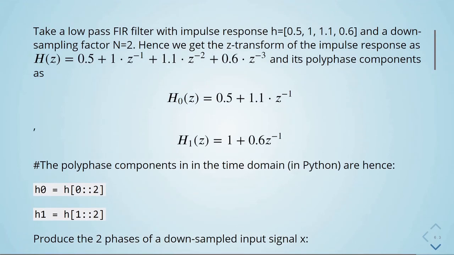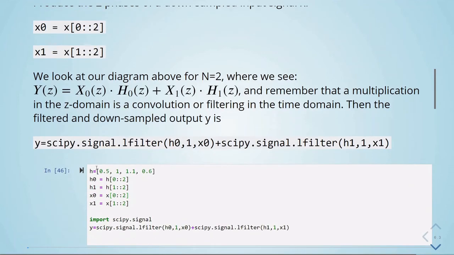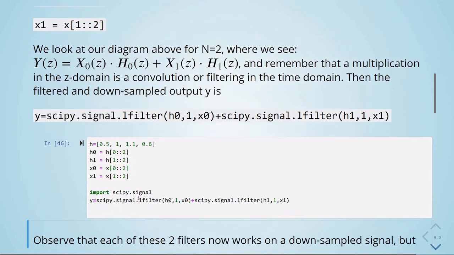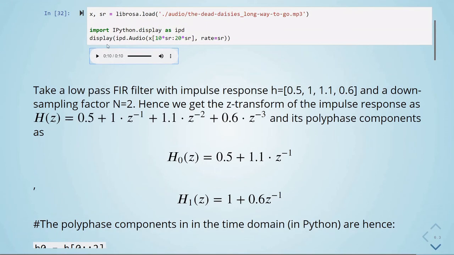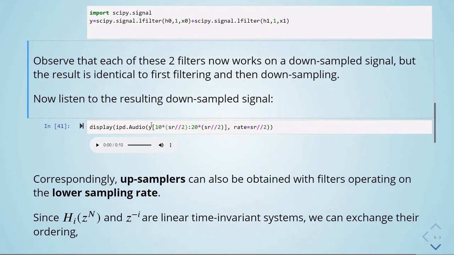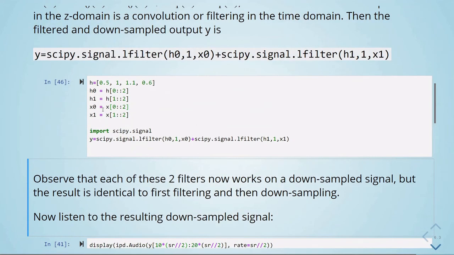We have our impulse response defined here, and here we have our polyphase components for the impulse response. Here we had our X signal, and now we have downsampled versions of the original signal, phase 0 and phase 1, and here we are filtering and adding.